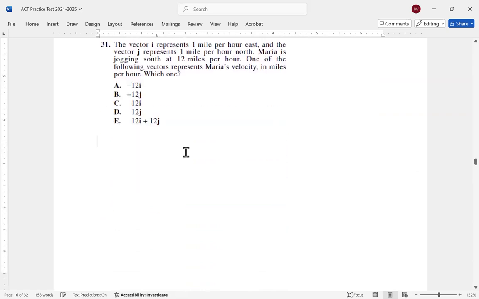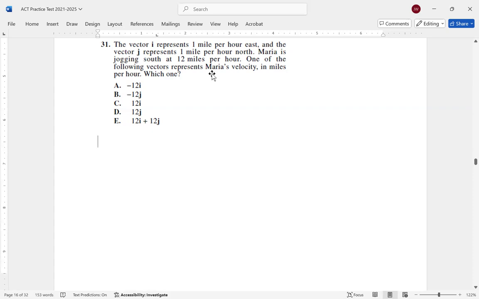Question 31. The vector i represents 1 mile per hour east. The vector j represents 1 mile per hour north. Maria is jogging south at 12 miles per hour. One of the following vectors represents Maria's velocity in miles per hour. Which one? Well, if north represents j, then south is going to be the opposite of j.